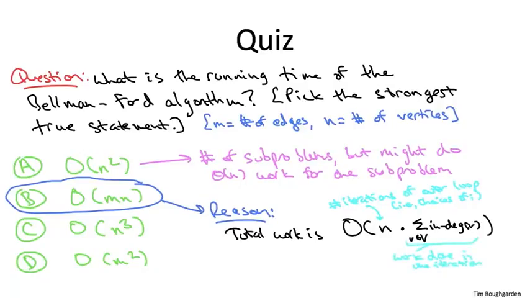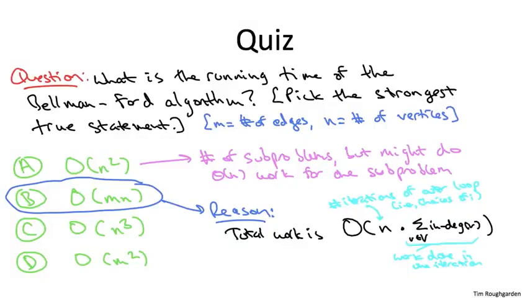But we know a much simpler expression for the sum of the in-degrees. This sum is simply equal to m, the number of edges. In any directed graph, the number of edges is exactly equal to the sum of the in-degrees. One easy way to see that is, take your favorite directed graph and imagine you plug the edges into the graph one at a time, starting from the empty set of edges.